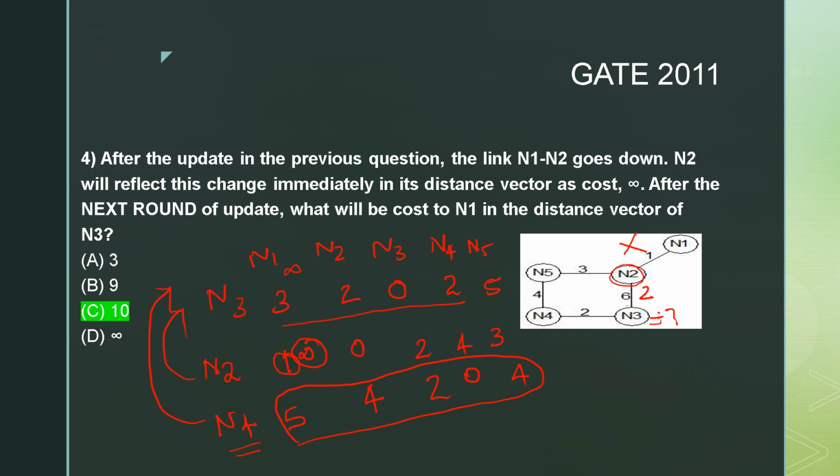If N3 tries to reach N1 through N4, what will be the cost? 2 plus 4, 6, plus 3 plus 1, 10. Because this 1 is not updated in the table of N4. So 10 will be the answer. Thank you. See you in another video.